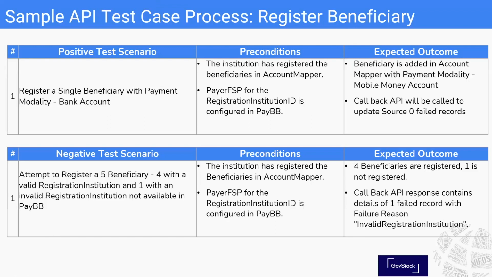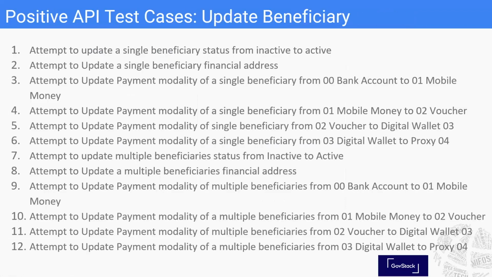That could be someone who was registered during the register beneficiary. Similarly, we give an example of a negative test scenario. It could come with a failure reason, for example, invalid registration institution ID. And this coincides with the outcomes, the API response that is returned after beneficiary onboarding. It contains the rejection reason if it's rejected.